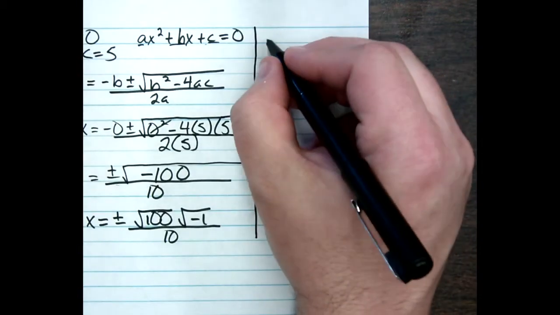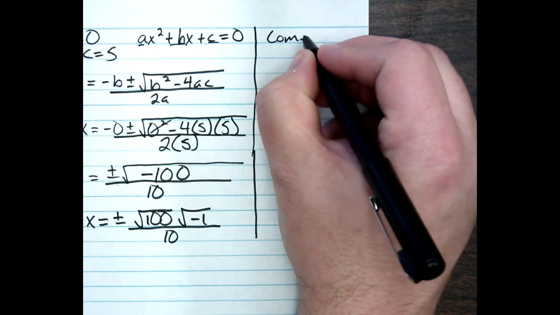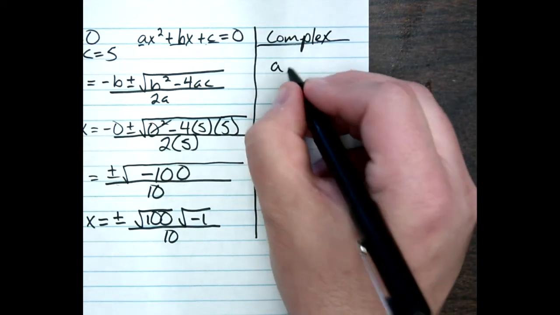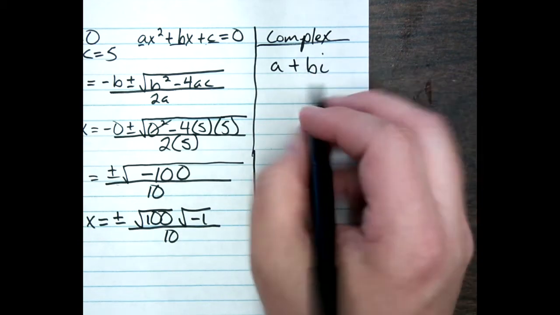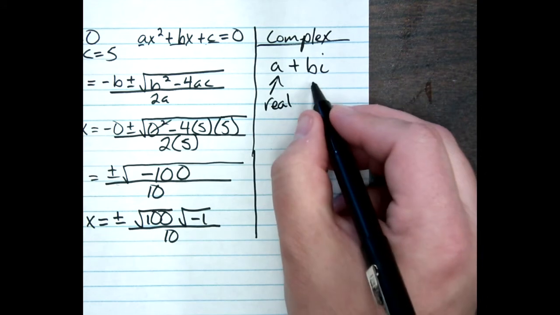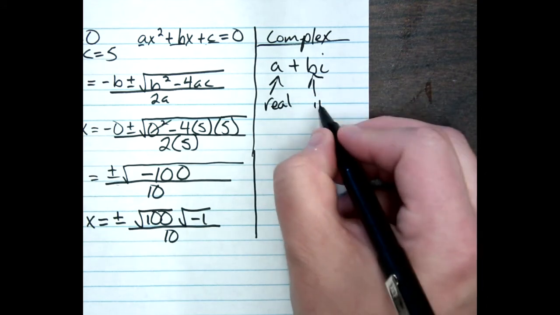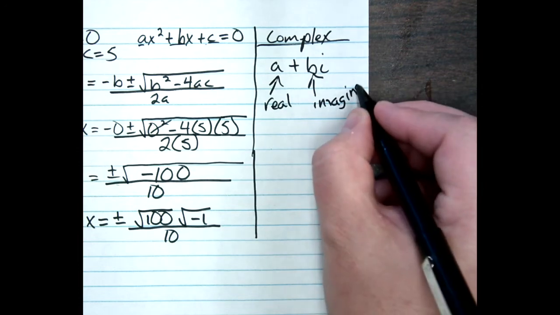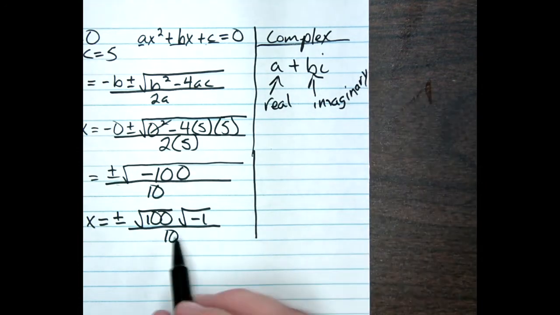Complex numbers have a real and imaginary part. So you can have a real number and then you can have an imaginary number. We call it imaginary because it's like a placeholder for situations like this.